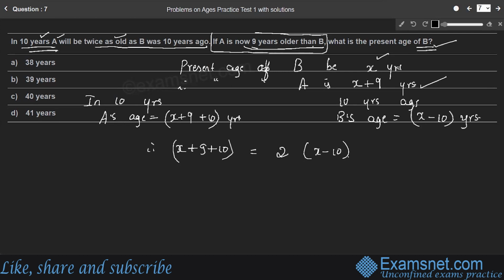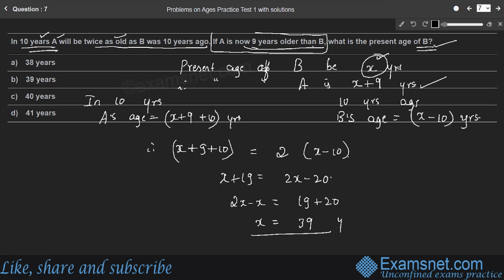We need to find the present age of B, which is the value of X. So X + 19 = 2X - 20. Hence 2X - X = 19 + 20. So the value of X is 39. B's present age is 39 years. Hence option B is the right answer.